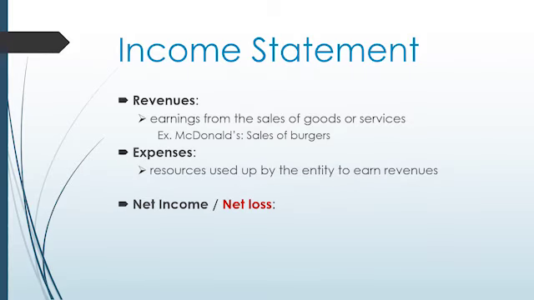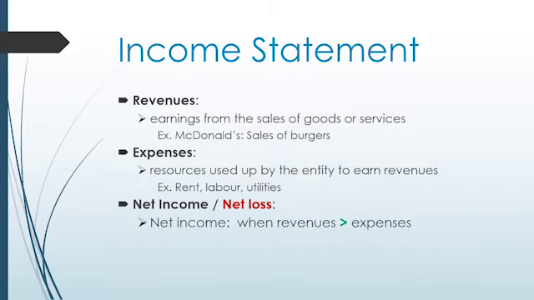Expenses are the resources used up by the entity to earn revenues. For example, rent, labor, and utilities. We get net income when revenues are more than expenses, and we get net loss when the revenues are less than expenses.